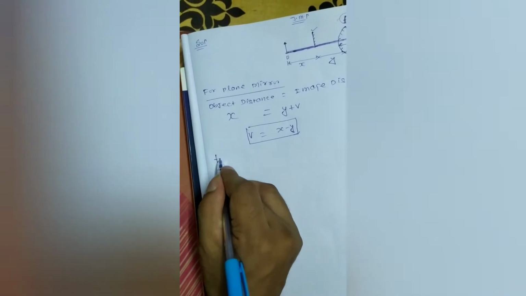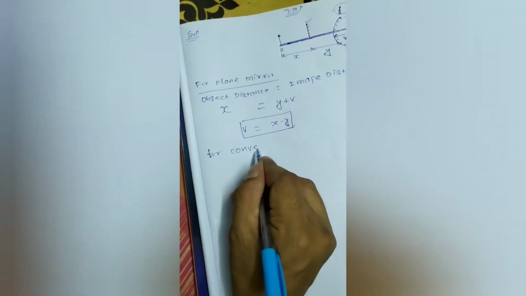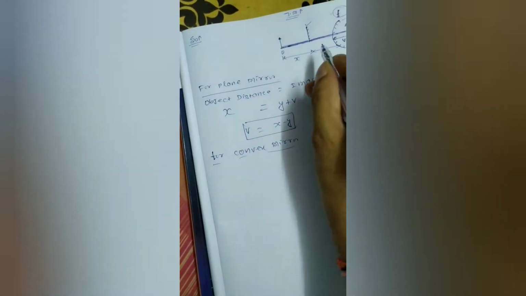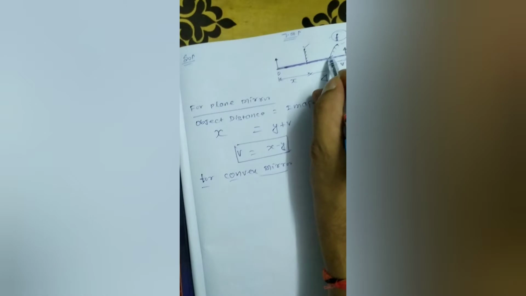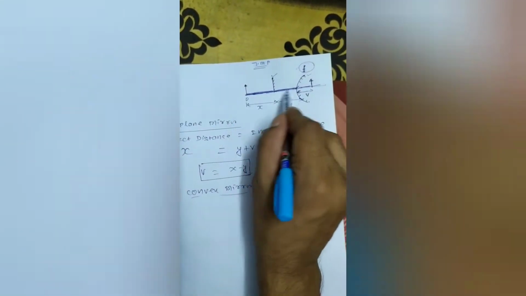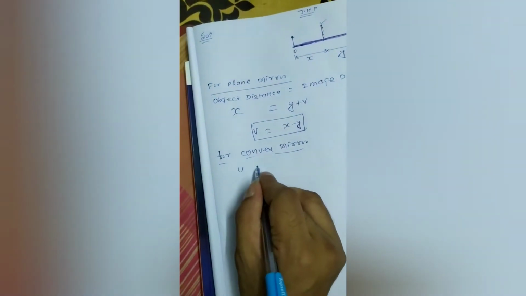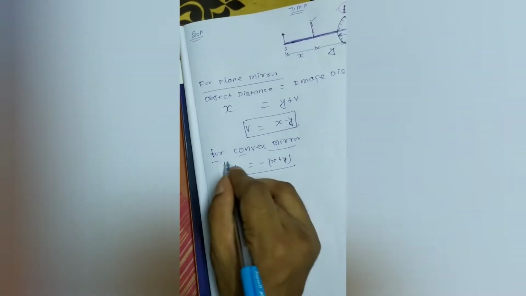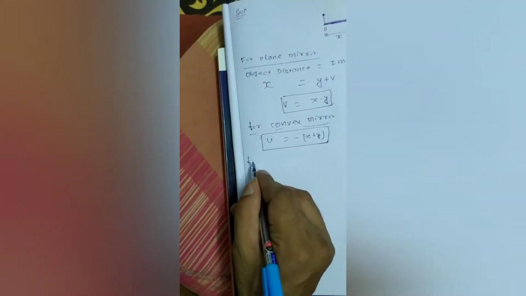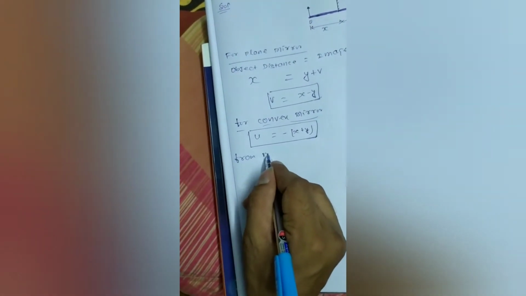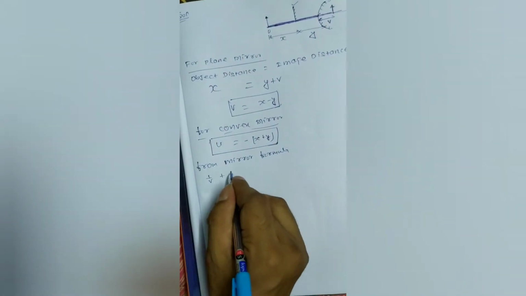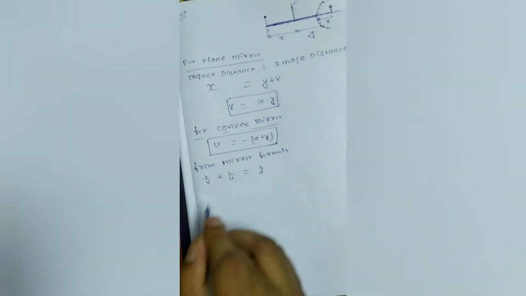Now for the convex mirror, right? You see here, what is the object distance? This becomes the object distance from here to there. So u becomes minus (x plus y). Now from the mirror formula, 1 by v plus 1 by u is equal to 1 by f.